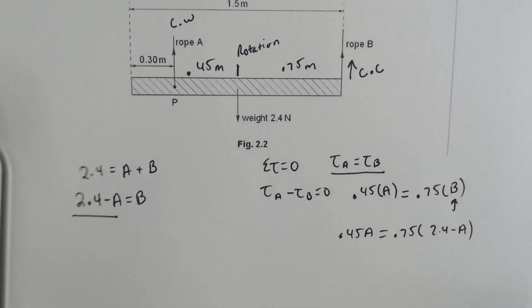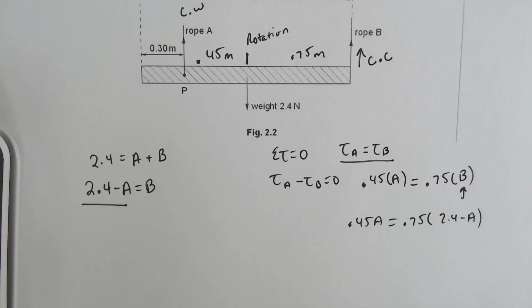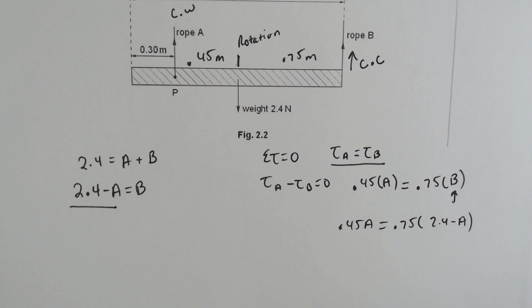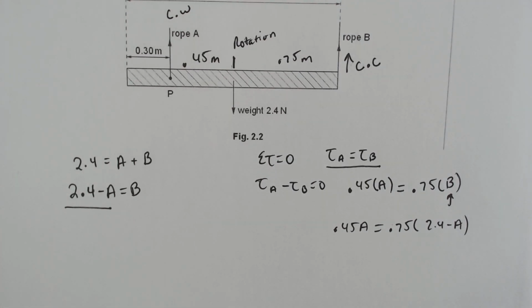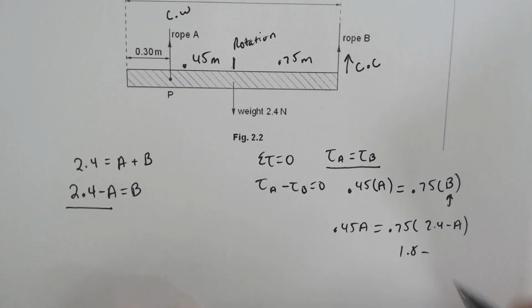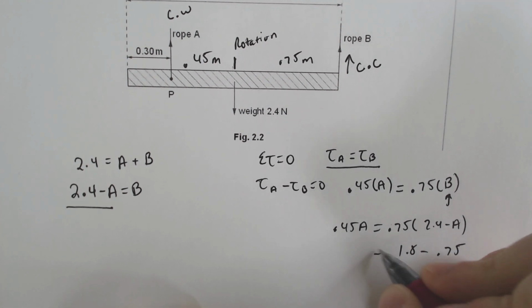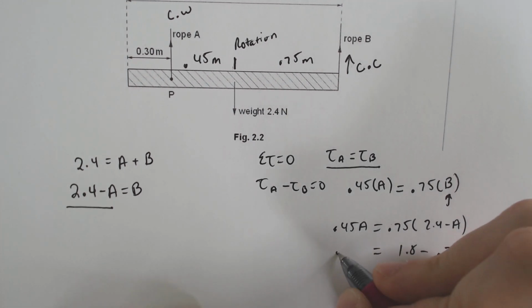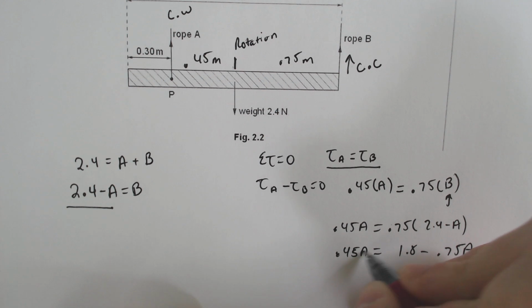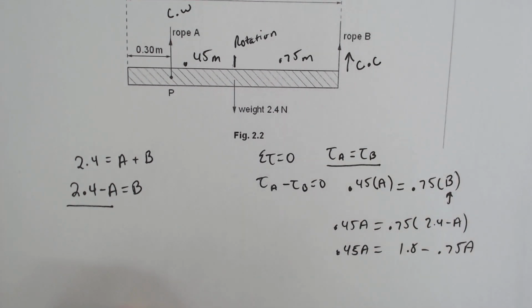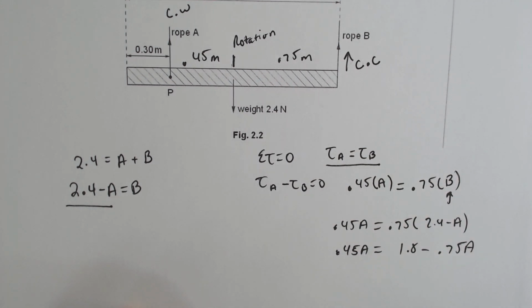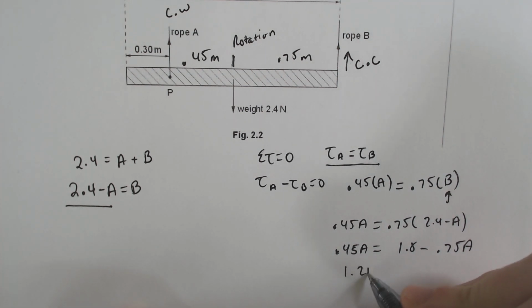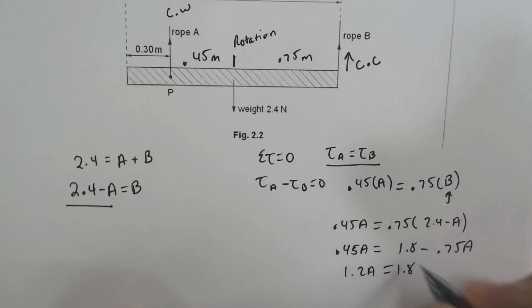And then we just solve. We have to distribute the 0.75. 0.75 times 2.4 is 1.8, minus 0.75A, is equal to 0.45A. Then we just add that 0.75A over. 0.45 plus 0.75 ends up equaling 1.2, so 1.2A is equal to 1.8.